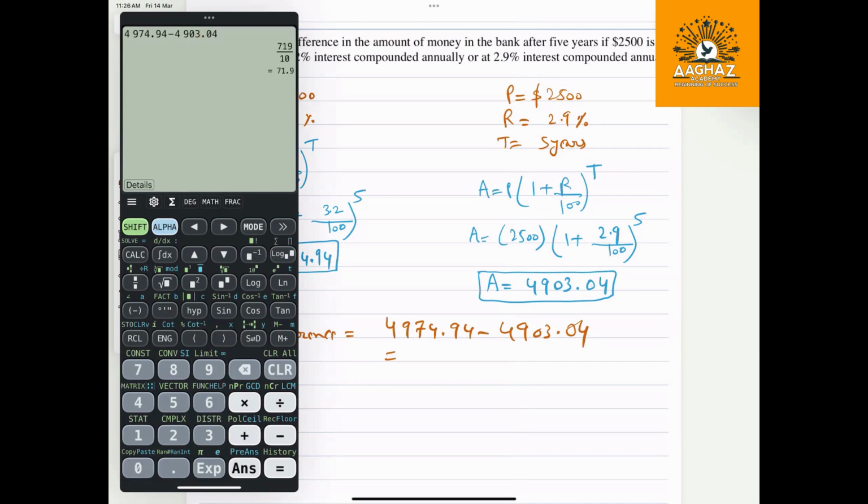Okay, so the difference is 71.9. It will be the difference for both cases. Okay, so check this question. If you have any problem, you can tell me.